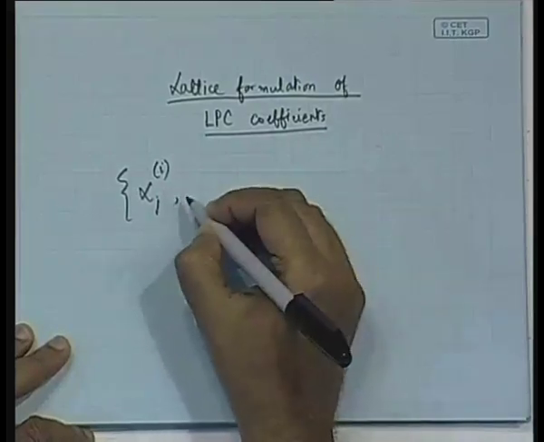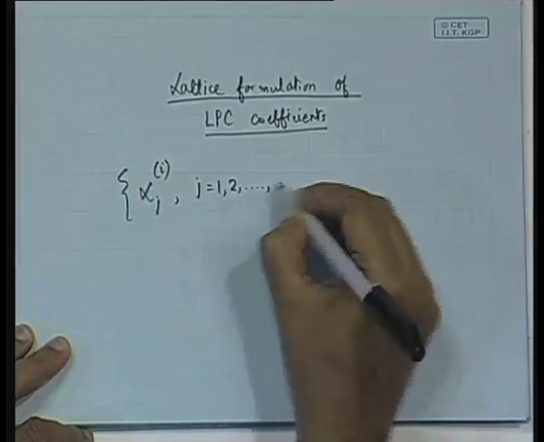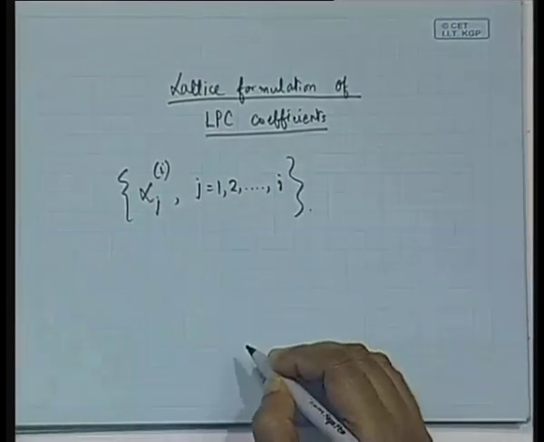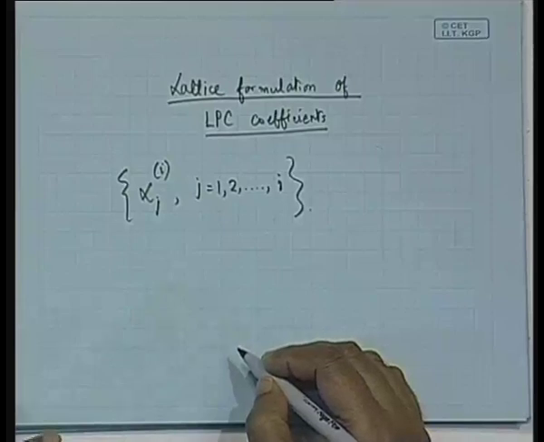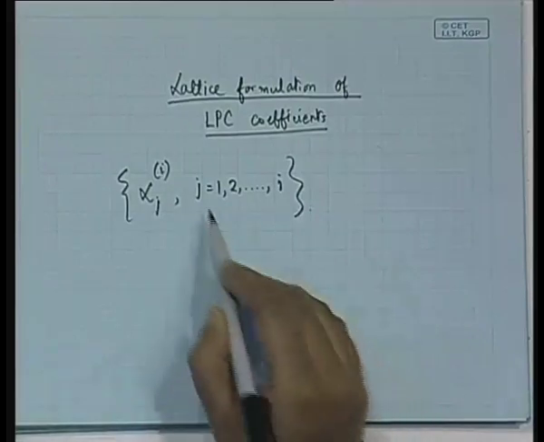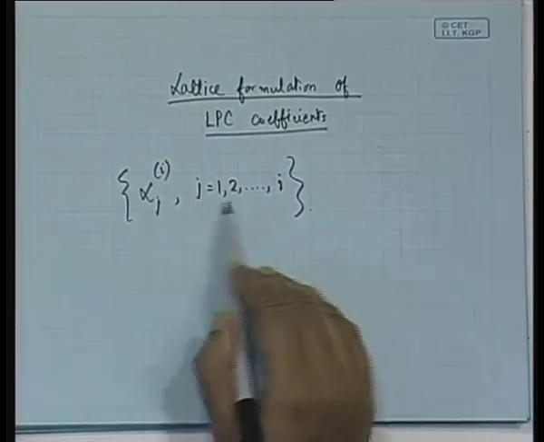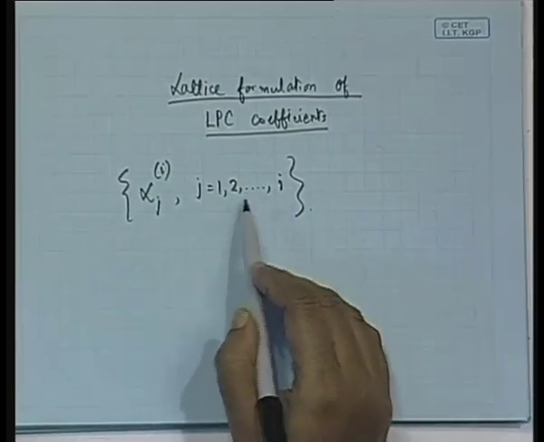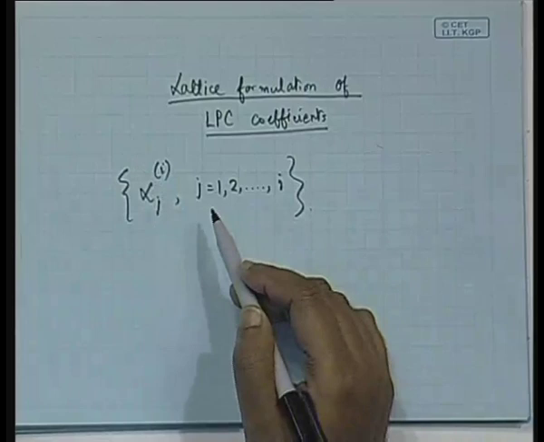So we were writing the set alpha j superscript i, and this j was in the range of 1 to i. The significance is that all these coefficients form the ith order optimal linear predictor. So in the ith iteration of prediction we have only the ith order of prediction, i past coefficients. In the end i is equal to p, and there we will have alpha j superscript p as the last estimate.